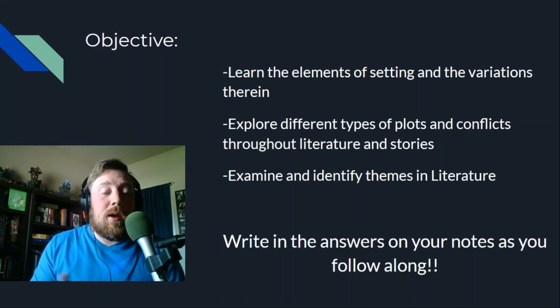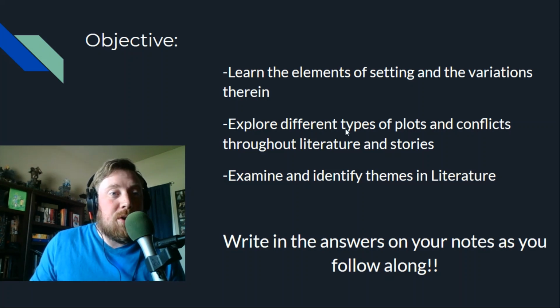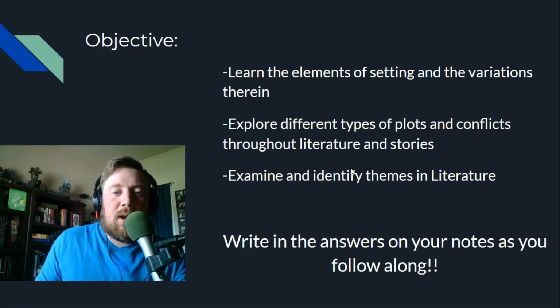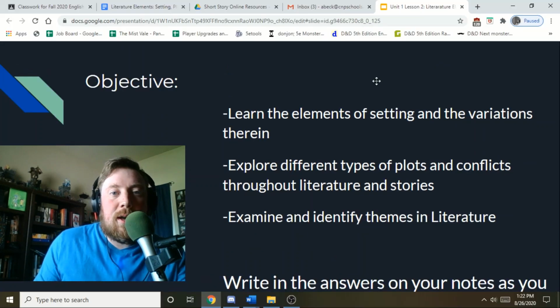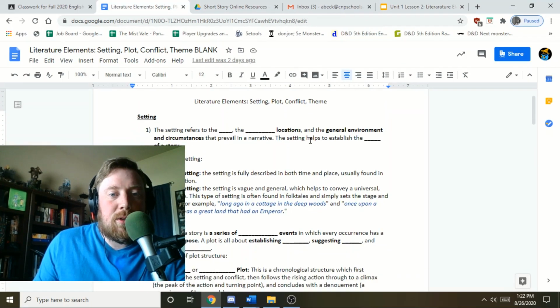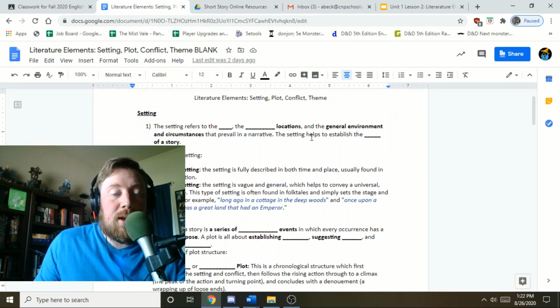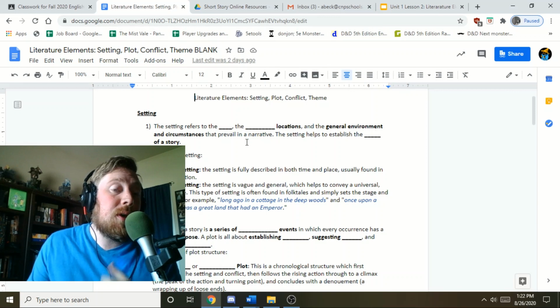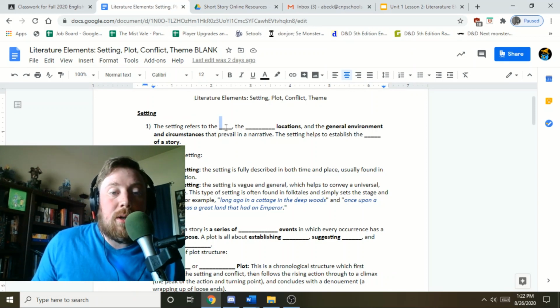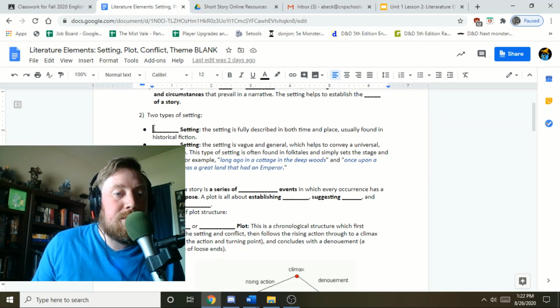So, if you guys have your notes, I want you to be following along in your notes. You should have something like this, whether it be a physical copy in class if you wanted it, or a copy that was made for you in the Google assignments. It'll have these blanks here, and in those blanks, as we go through these notes, I want you to fill that out for your own benefit, all right?